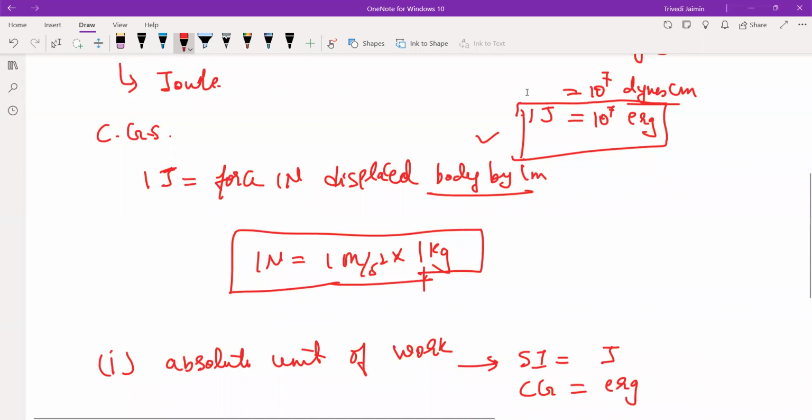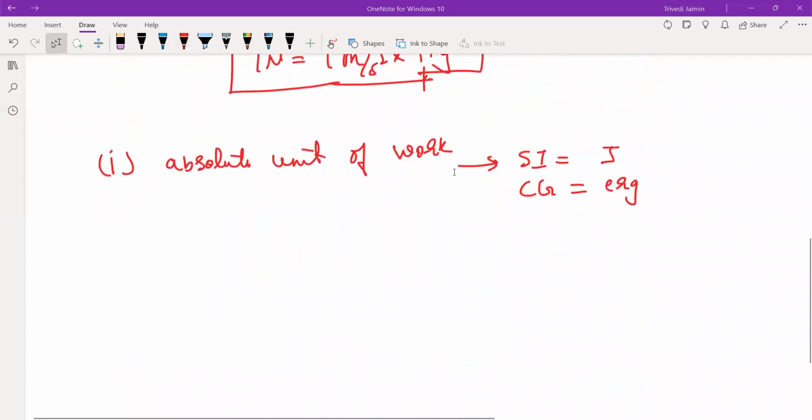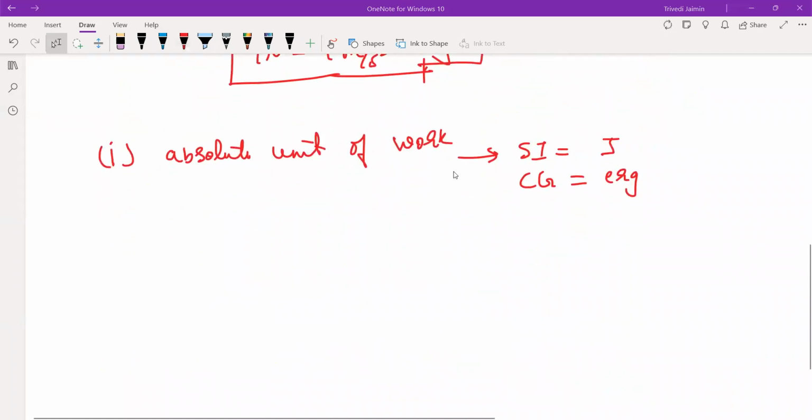These are absolute units. There are some more units: the gravitational unit. What's the gravitational unit of work? Gram per centimeter.